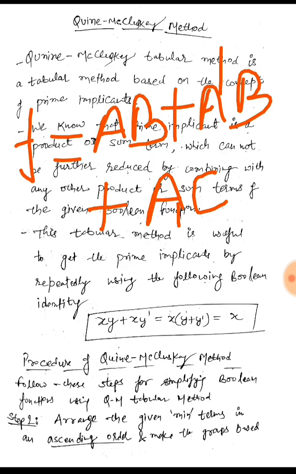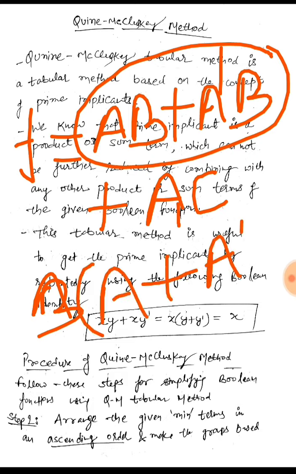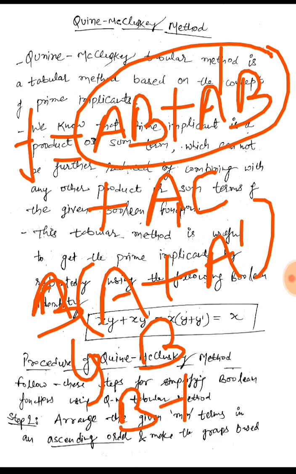In this function we can see that these two terms can be combined together. If I take b common, it would become a plus a bar, and as a plus a bar is 1, it would remain only b. Now it becomes b plus ac.